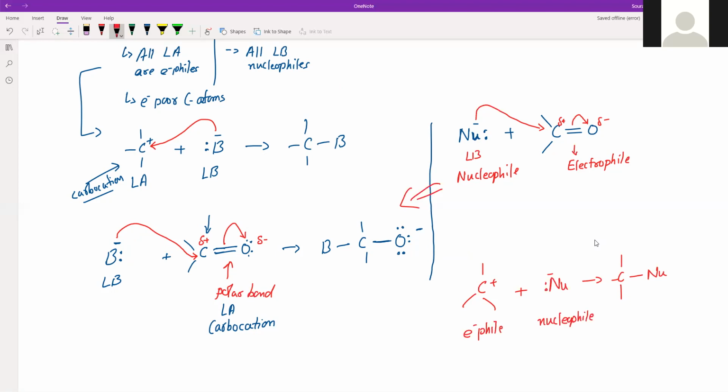They will combine to give us this structure finally. Okay, so that's about electrophiles and nucleophiles.